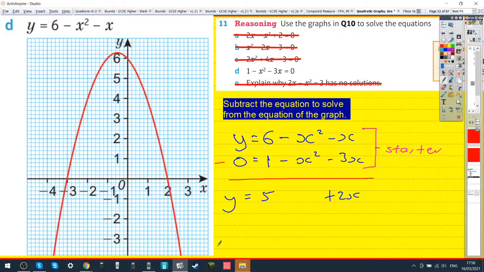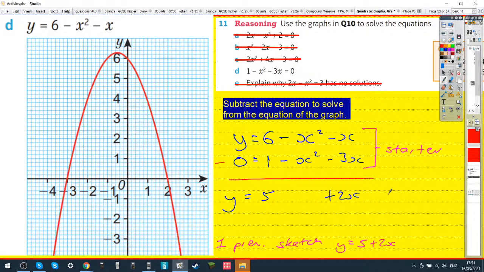Any idea how to draw the line y equals 5 plus 2x? Would it just be 2 higher than 5? So let's say when x is 0, what is y?